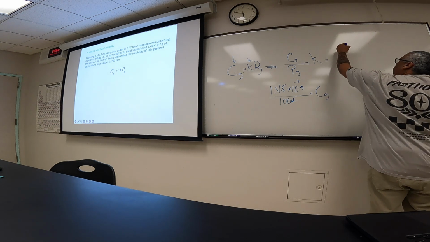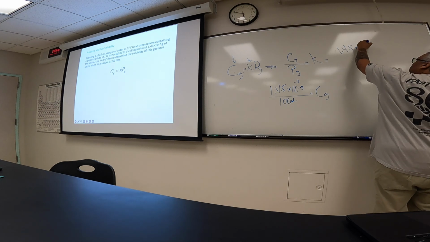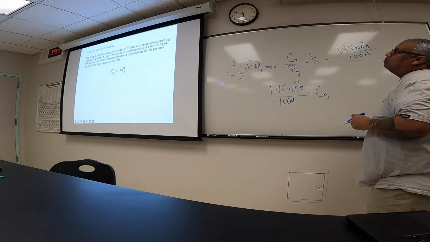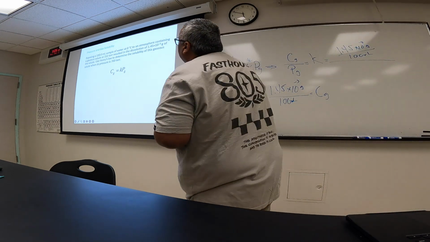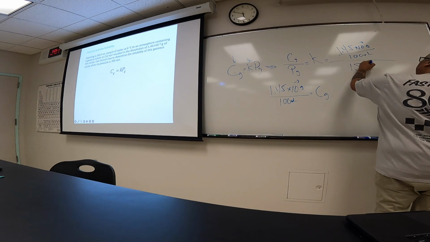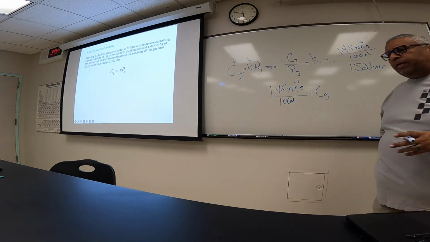So we have 1.45 times 10 to the minus 3 grams per 100 milliliters over 152 torr. So what is our value of K here?